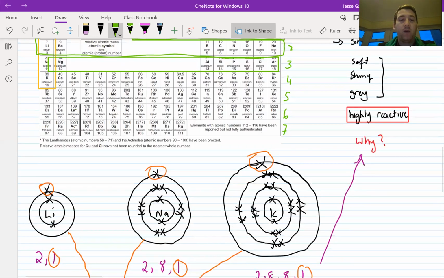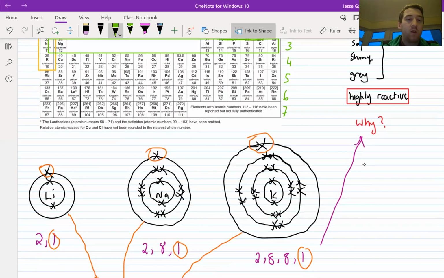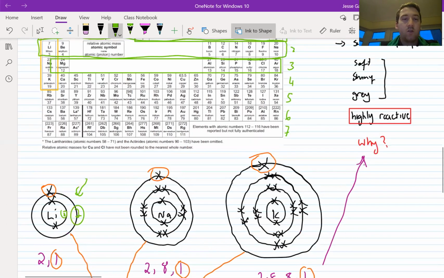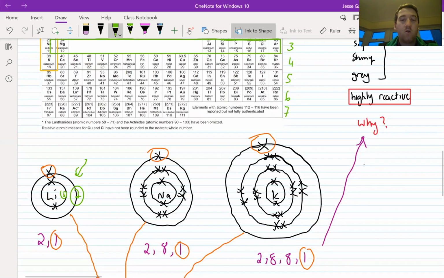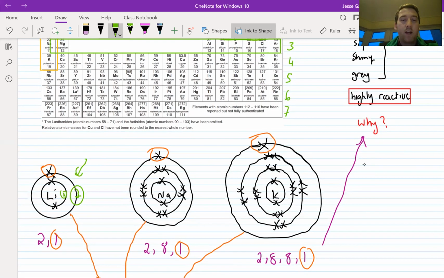So if we take a look at lithium, for example, lithium has the first shell and the second shell. That tells me that lithium has 2 shells. It should be in period 2. Let's go check. Here is lithium, and it's in period 2. It's got 2 shells of electrons. Sodium has one, 2, and 3 shells of electrons.